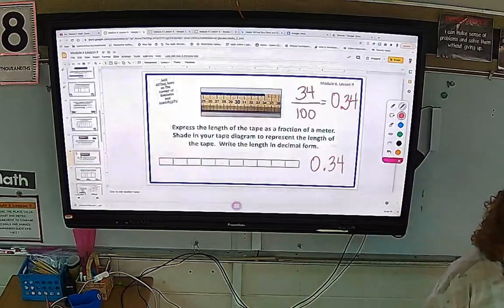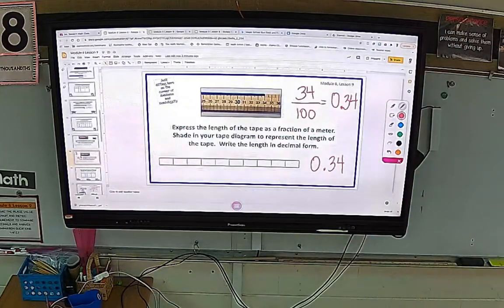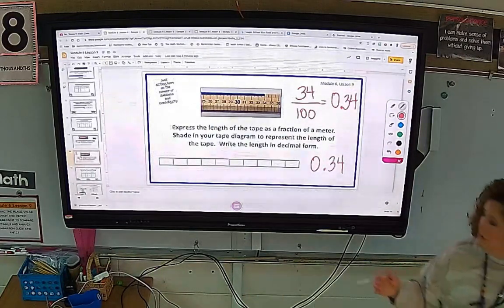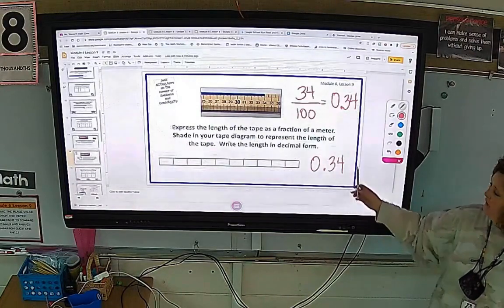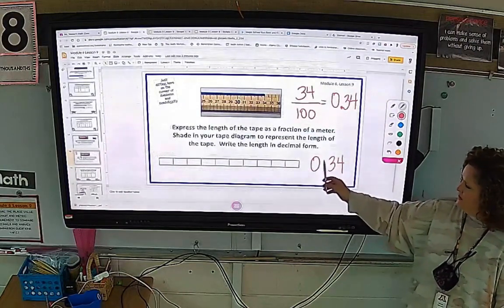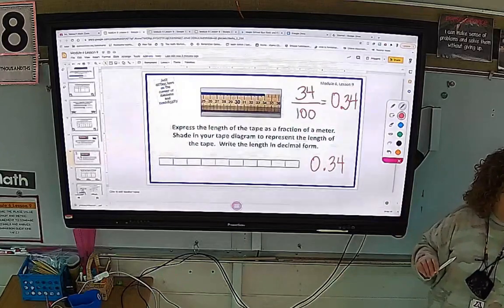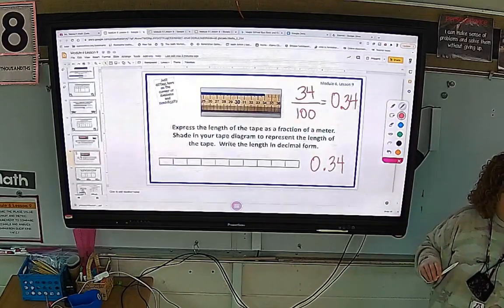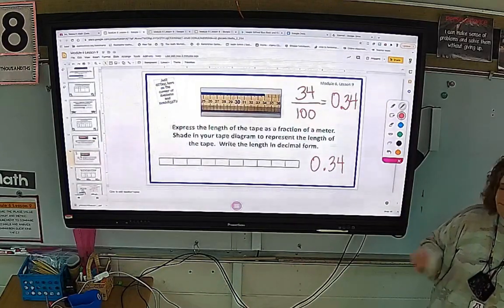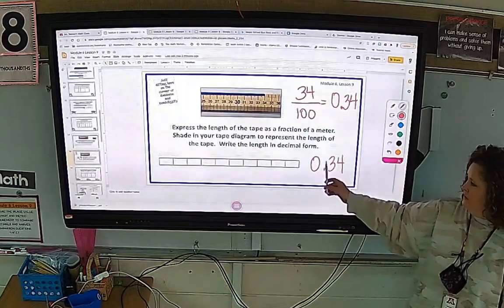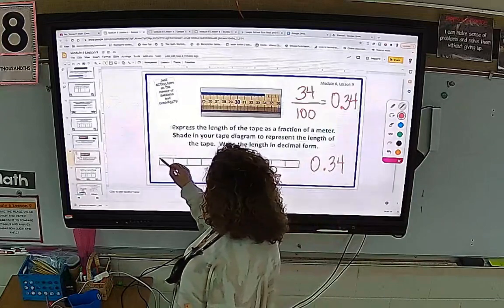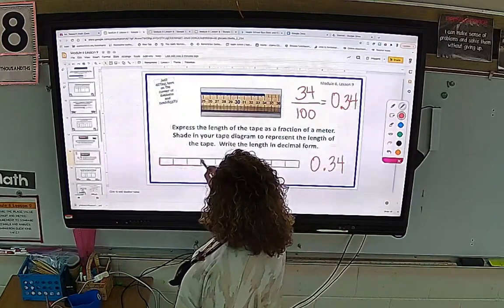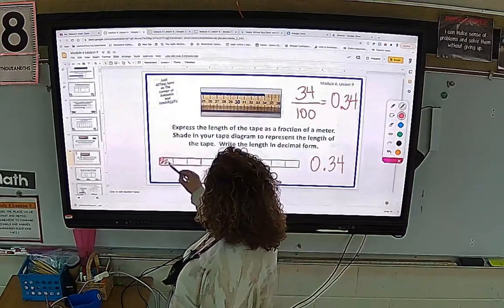No whole numbers. Valerie, how many tenths are we going to shade in? No, that's hundredths. Remember, we're working this way. What's in the tenths place? This is the ones place. So here's our tenths place, the 3. 3/10. Shade those in.